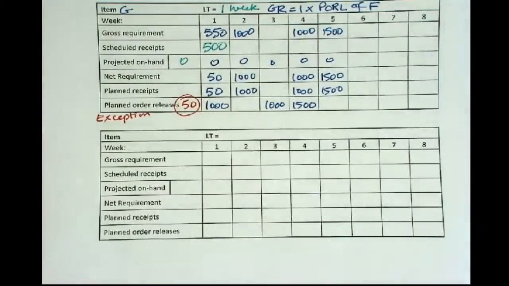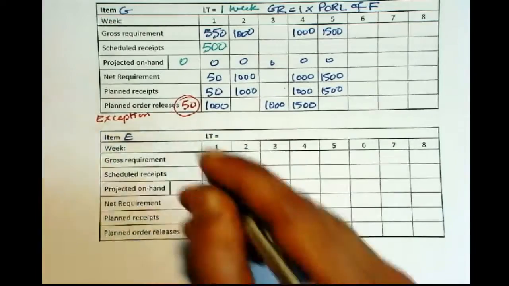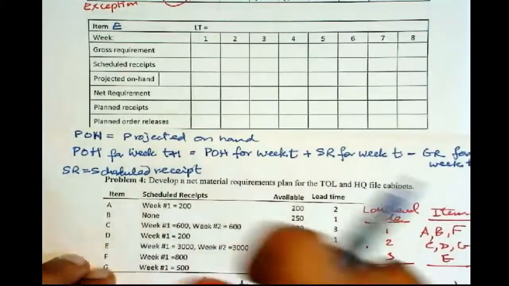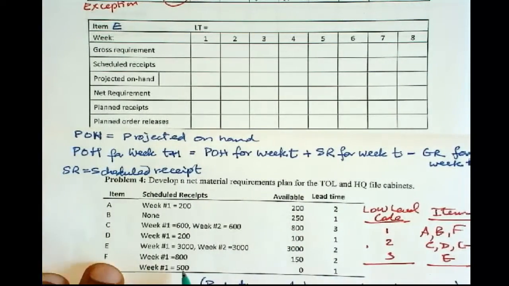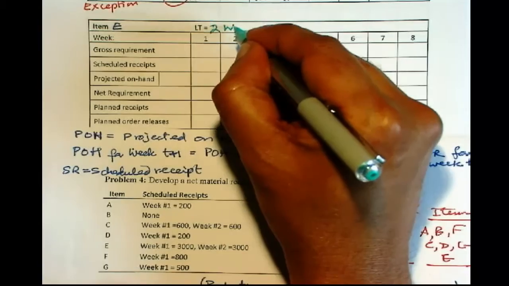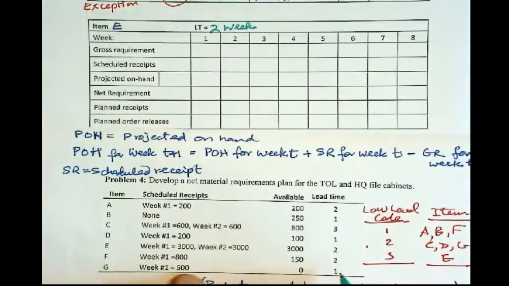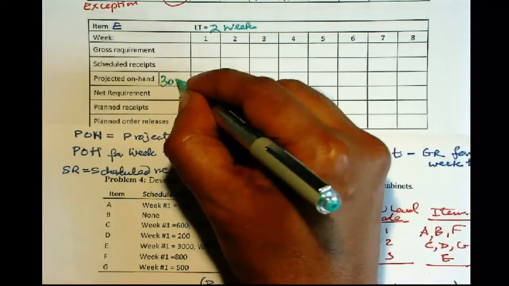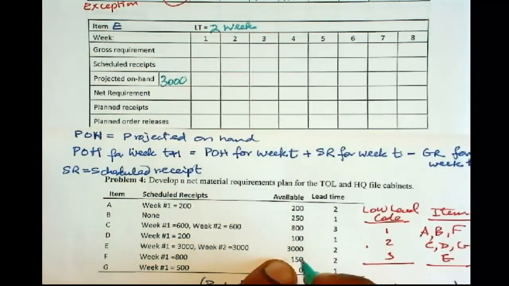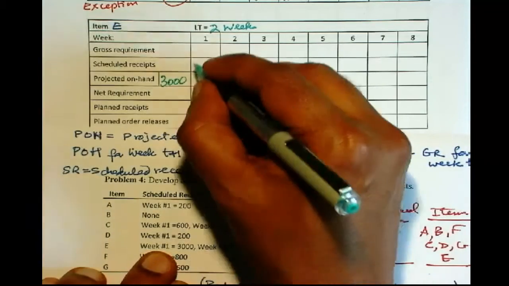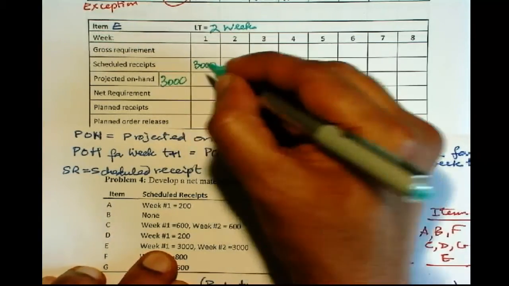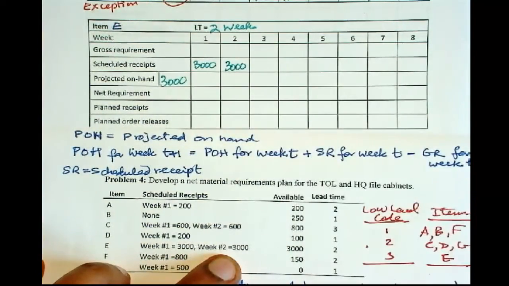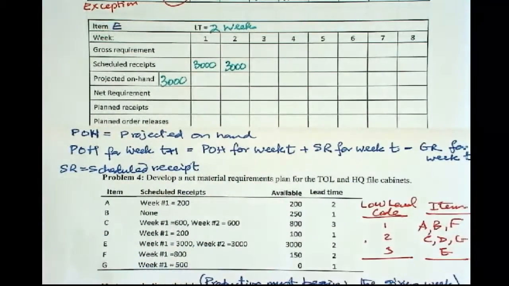So the only item remaining is E. And the available information for E is lead time is 2 weeks. We have 3000 available on hand, and then we have 3000 coming in week 1 and 3000 coming in week 2.